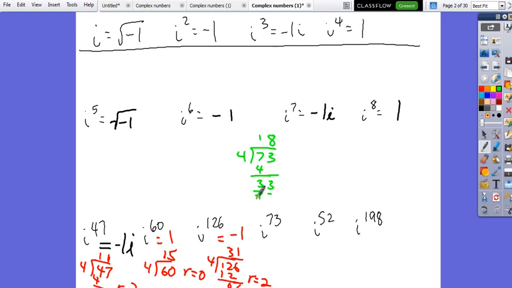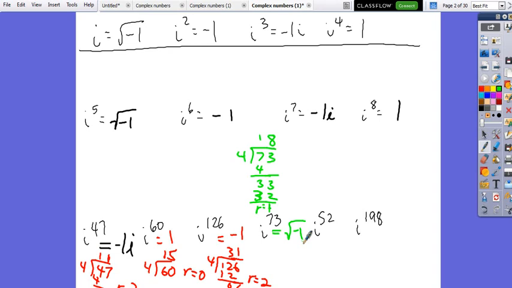So my result is the square root of -1, or just i. You take whatever the exponent is and you divide it by 4. Why 4? We've got 4 things up here.